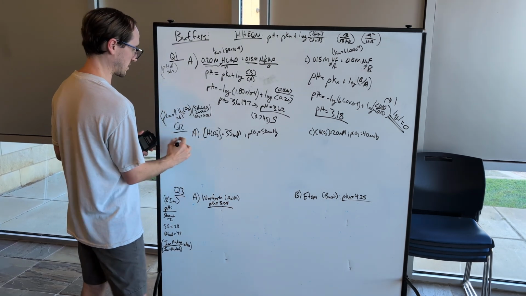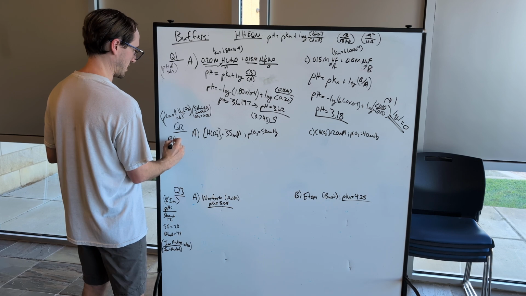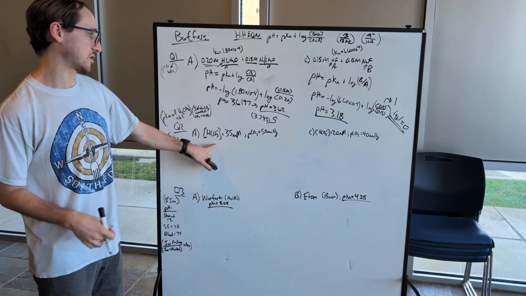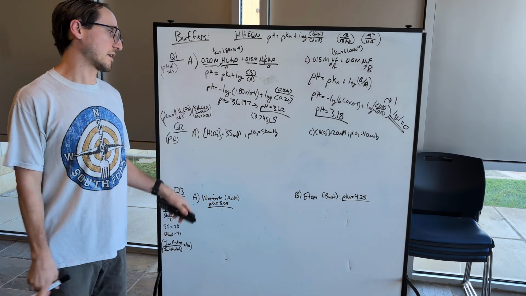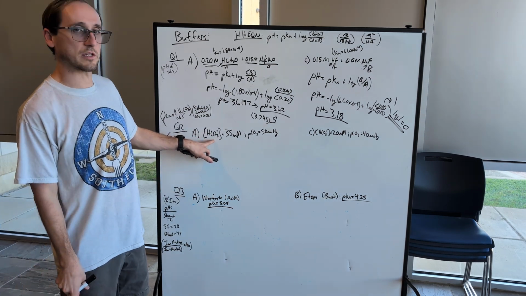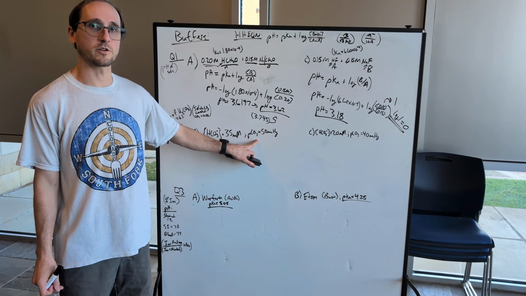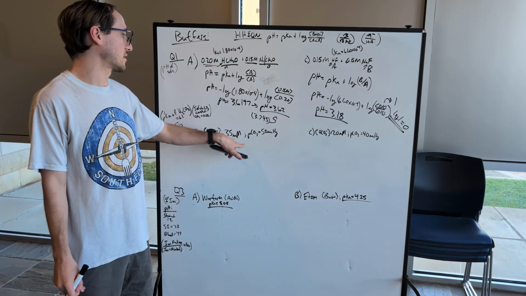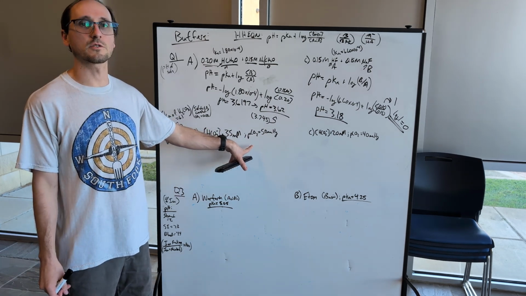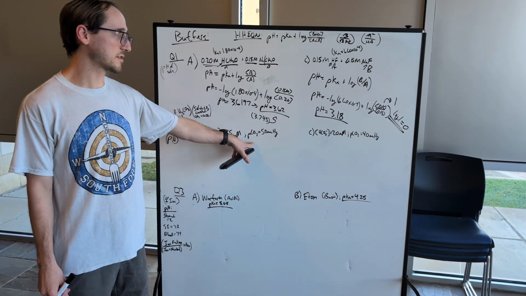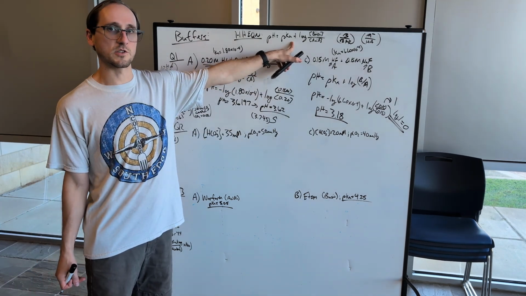So the idea is he wants us to find the pH of the body with just given these two things. And it seems kind of daunting initially because he's only giving you a concentration of bicarbonate and a partial pressure of CO2. So the idea is that you have to know how to convert this into this Henderson-Hasselbalch equation.